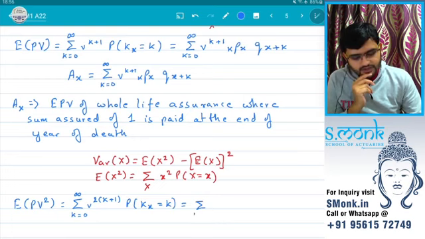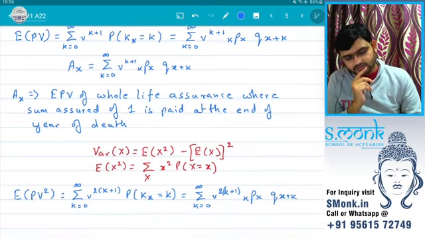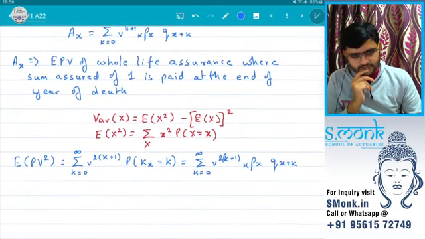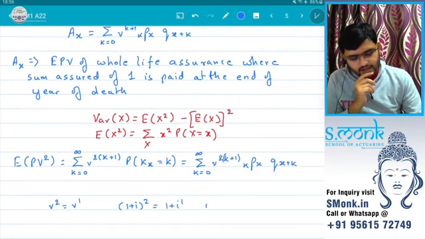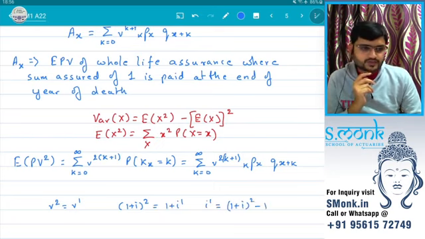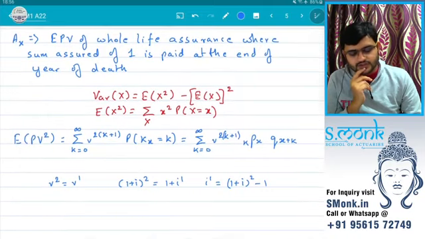That gives us summation k is equal to 0 to infinity v raised to 2k plus 2, or actually I'll put bracket 2 into k plus 1, kpx qx plus k. Here what we'll do is we'll put v square as v dash. If we put v square as v dash, we'll get 1 plus i dash equal to 1 plus i square, and i dash becomes 1 plus i square minus 1.